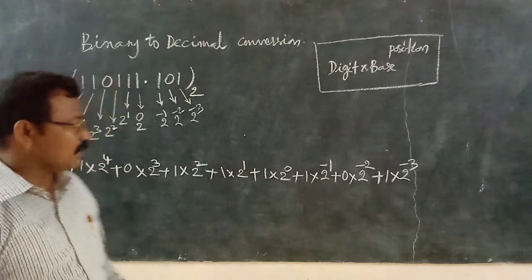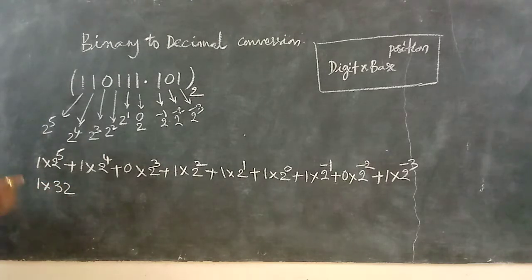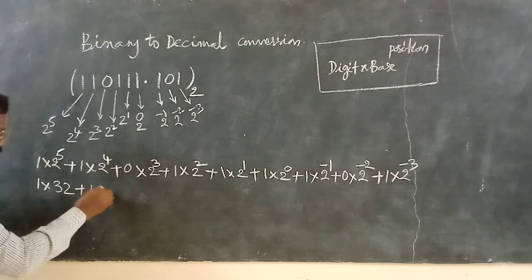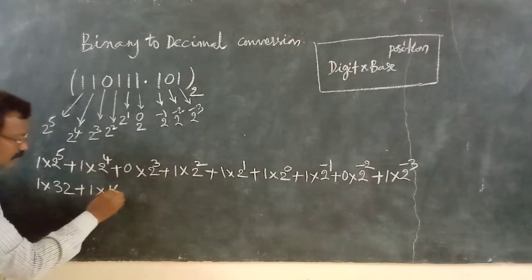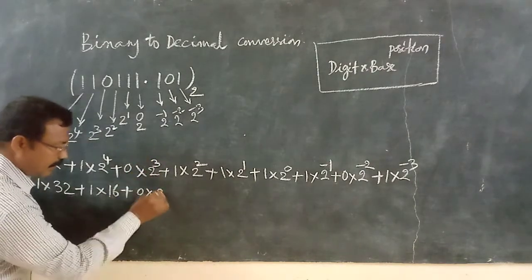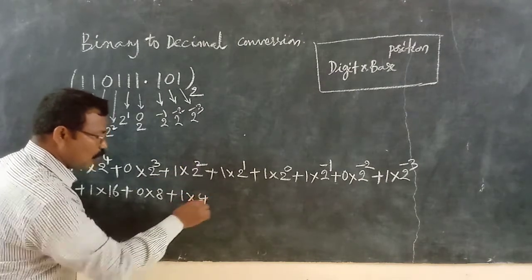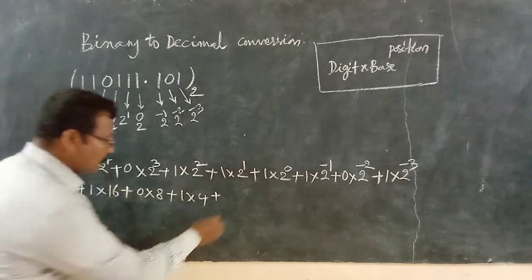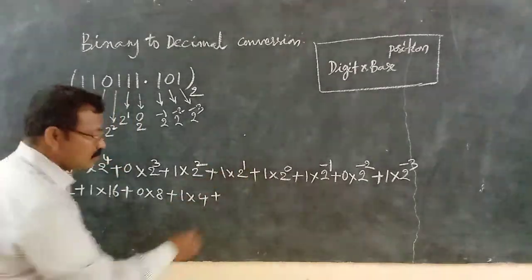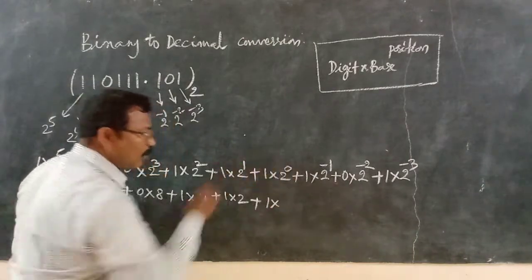1 into 2 to the power of 5 means 32. 2 into 2 into 2 into 2 into 2, so 2 to the power of 5 means 32. Plus 1 into 2 to the power of 4 means 16. Plus 0 into 2 to the power of 3 means 8. Plus 1 into 2 to the power of 2 means 4. Plus 1 into 2 to the power of 1 means 2. Plus 1 into 2 to the power of 0 is 1.